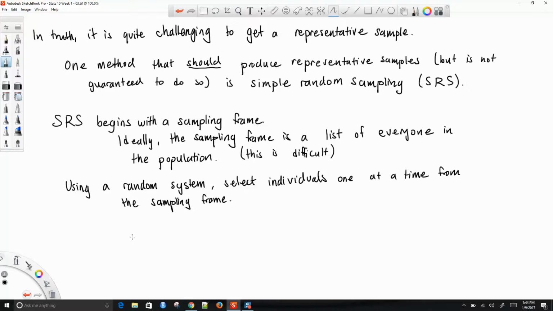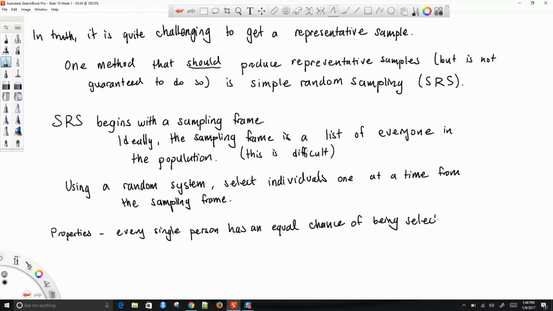Here are some properties: every single person in the sampling frame has an equal chance of being selected, and every single possible sample has an equal chance of being selected.